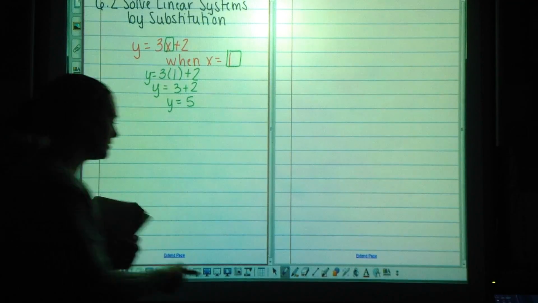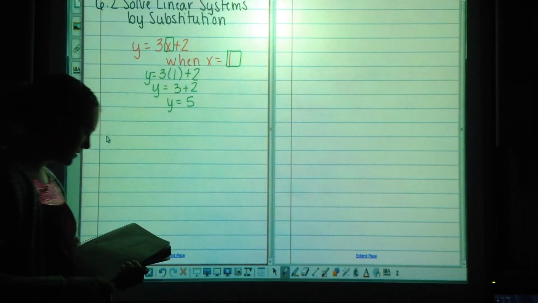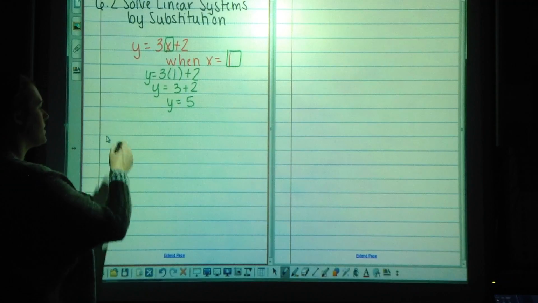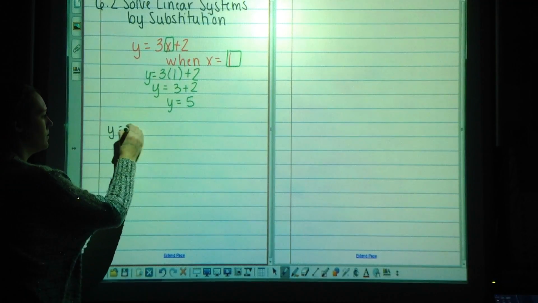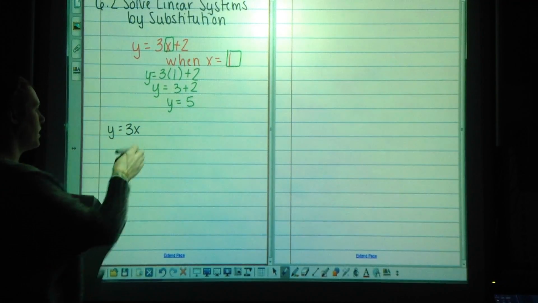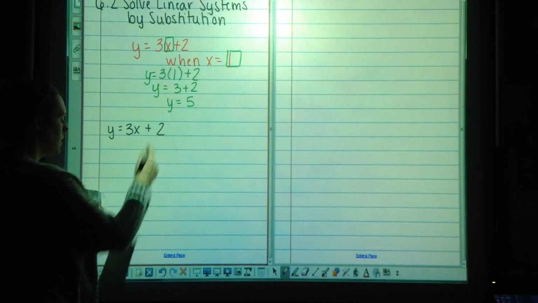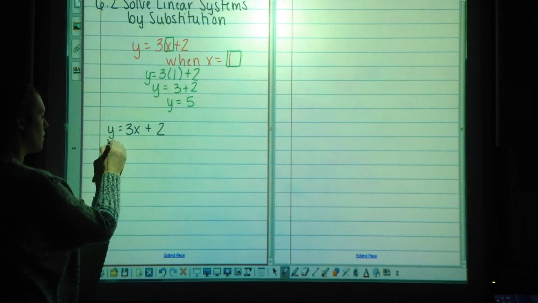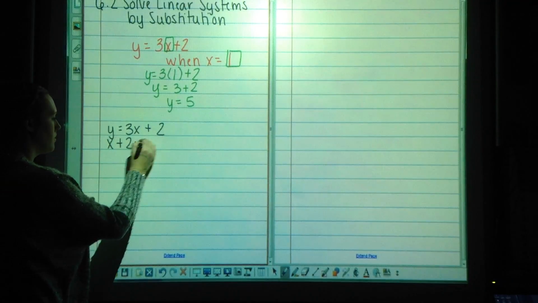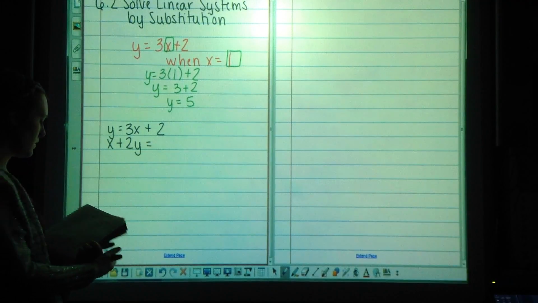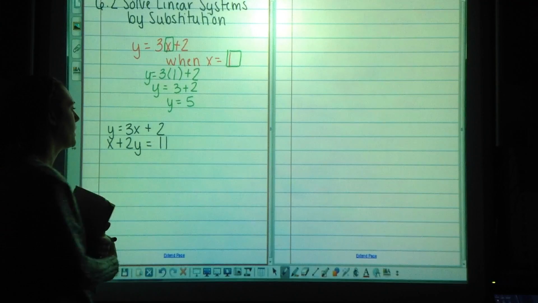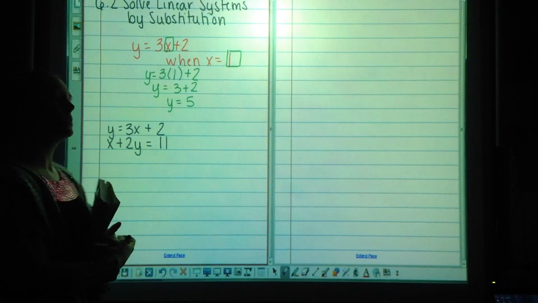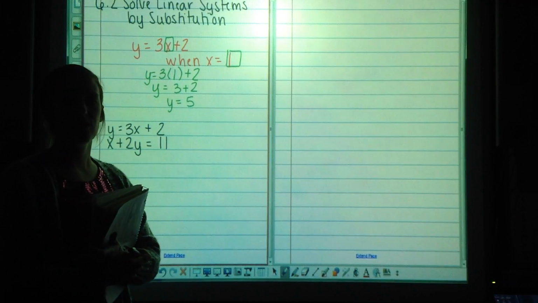We're going to be doing problems that look like this. Y equals 3x plus 2, and the other equation is x plus 2y equals 11. Okay. Our whole goal is to use substitution to find an ordered pair.